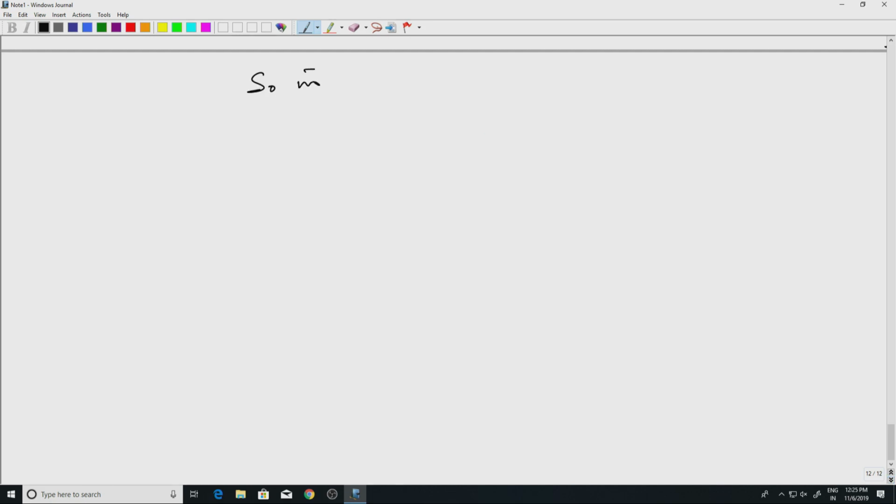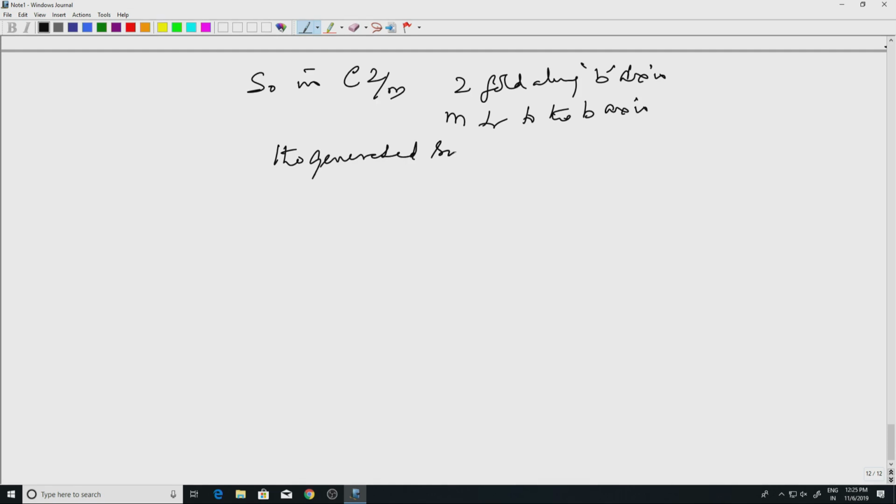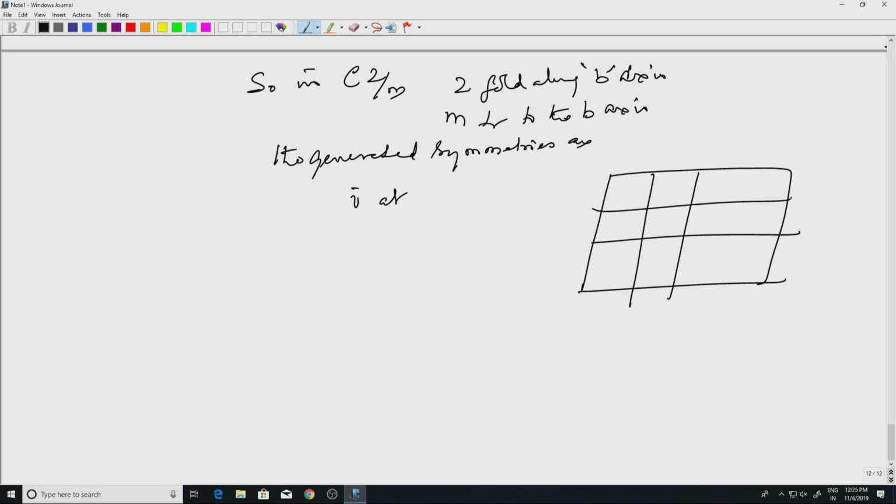So in C2 by M, twofold along B axis, mirror perpendicular to the B axis, the generated symmetries are I at A plus B by 4, A by 4, 3B by 4, 3A by 4, B by 4, 3A plus B by 4.